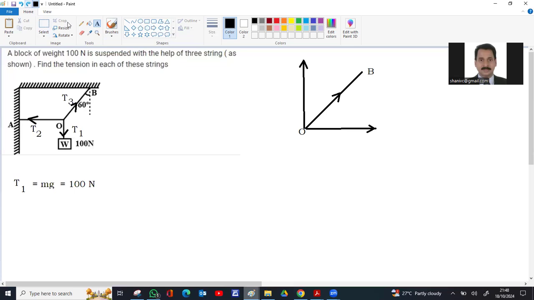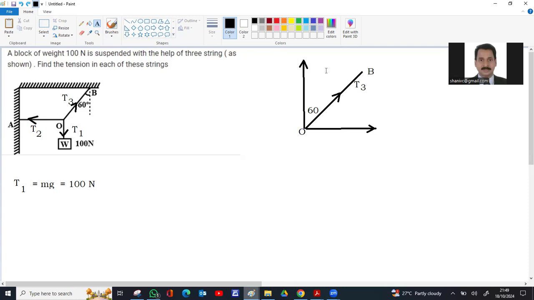The vertical component. The angle at B is 60 degree, so this angle at O with the vertical is 60 degree. So this component will be the opposite component and the vertical component is adjacent to the angle. The adjacent component to the angle will always be the cos component.